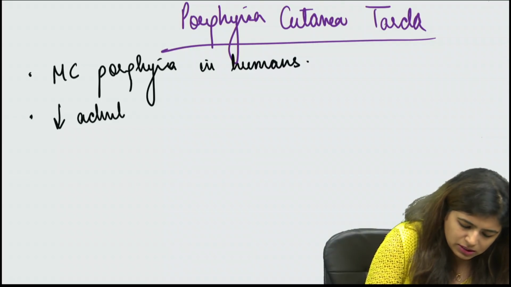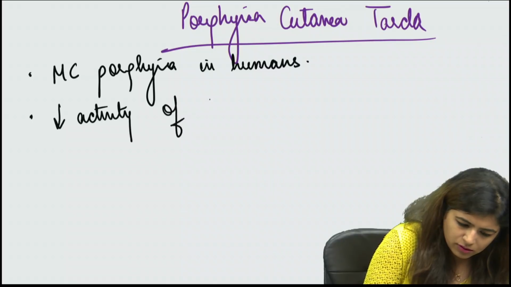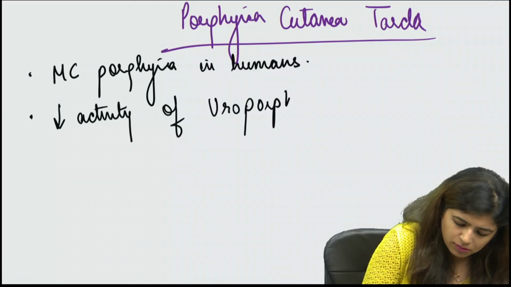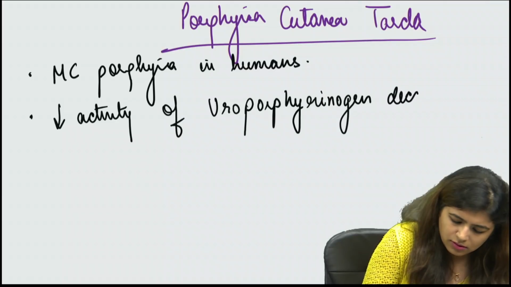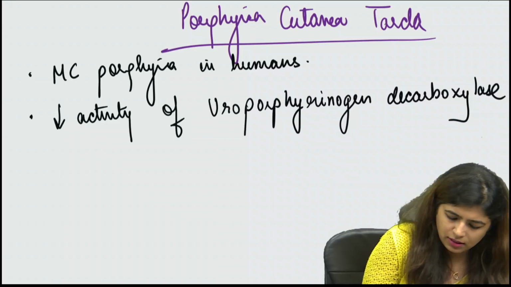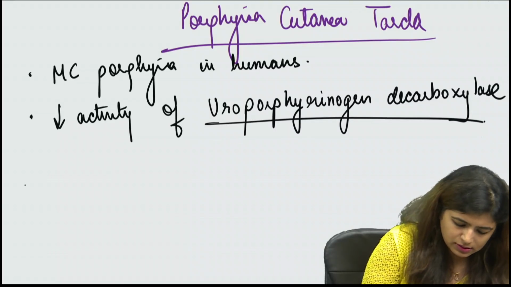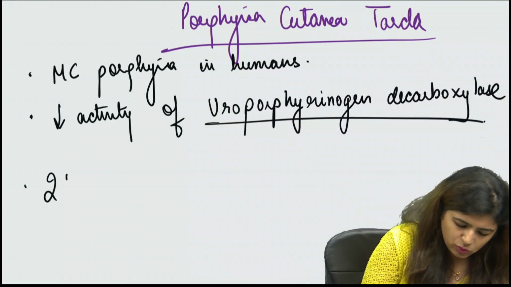Decreased activity of uroporphyrinogen decarboxylase. Generally of two types.